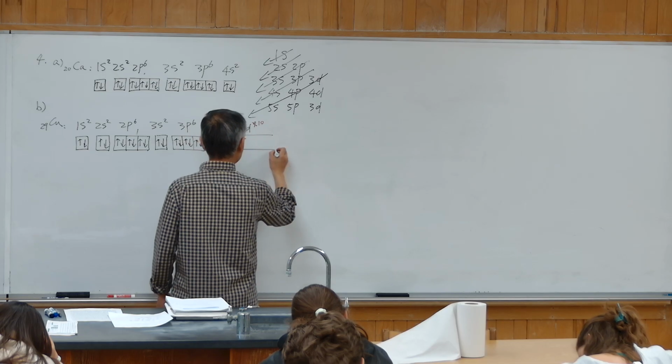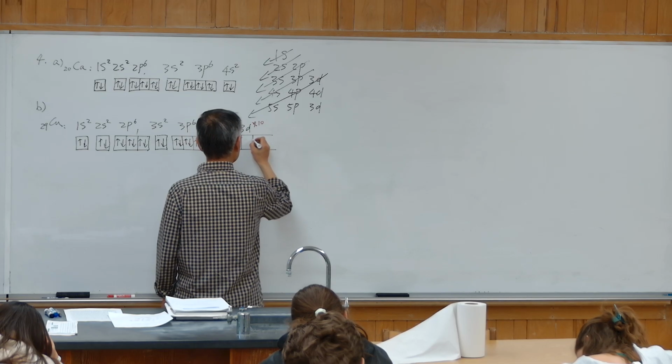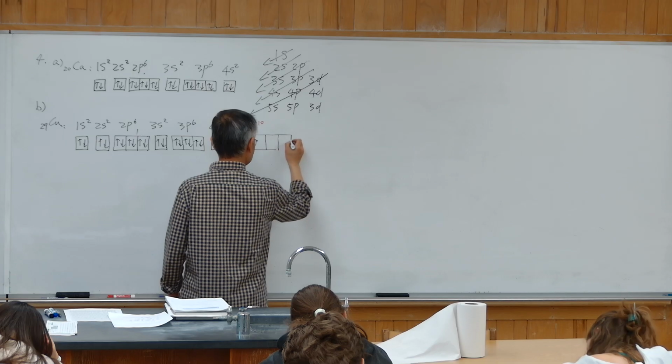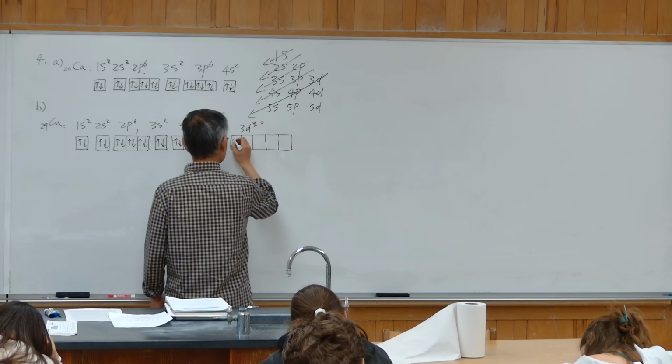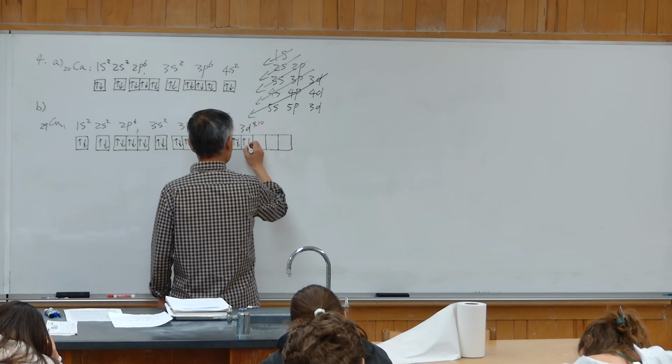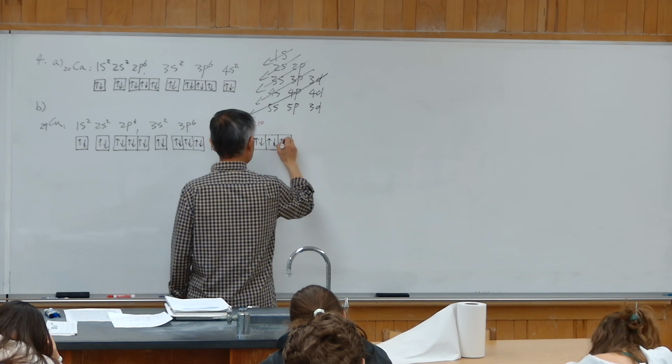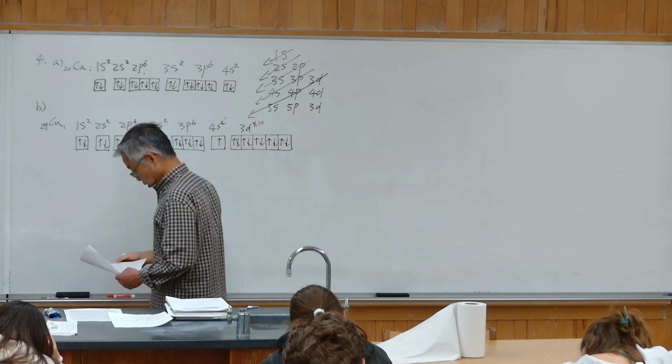Then d, you have 5 orbitals. Place 2 electrons in each orbital.